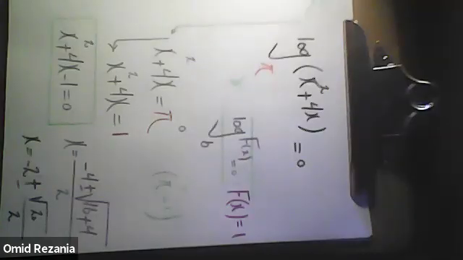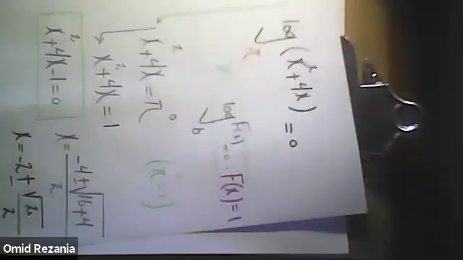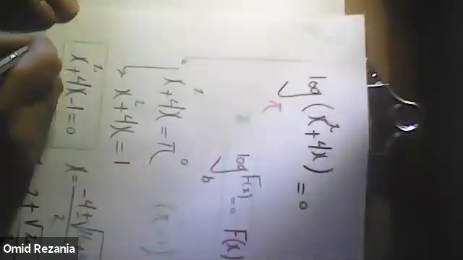Okay, now let me go to the second type. It's going to be page number 4. We move on.